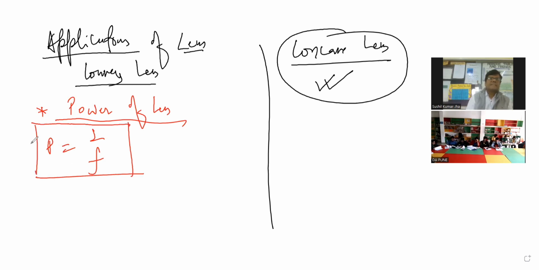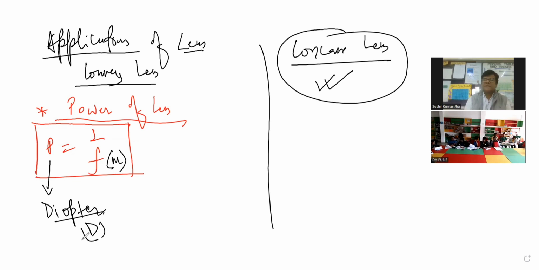And when we call this P equal to 1 upon F, the unit for power, the MKS or SI unit, is diopter, with a capital D. Because this is the SI unit, focal length is also taken in meters, which means if focal length is given in meters, power would be in diopters. If it is in centimeters, we need to convert it into meters.